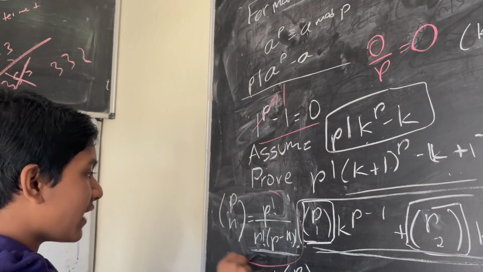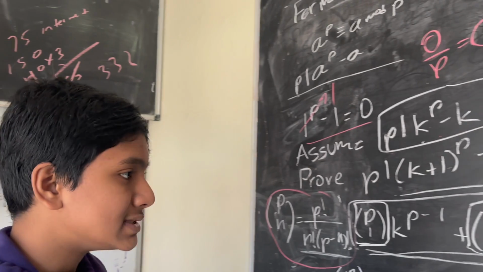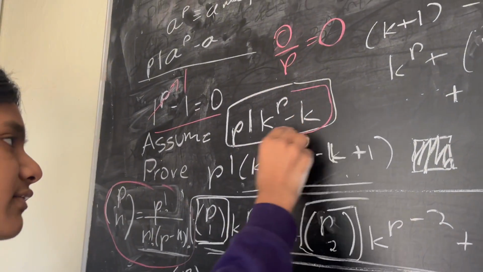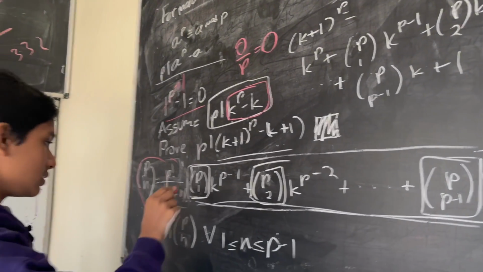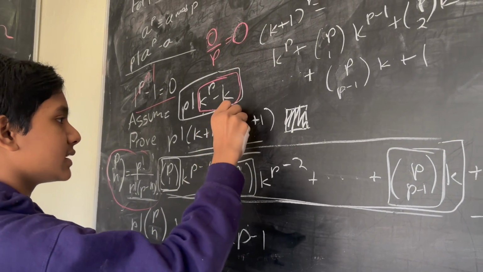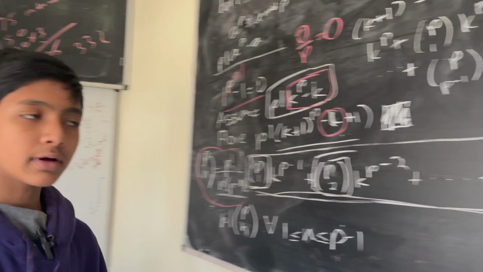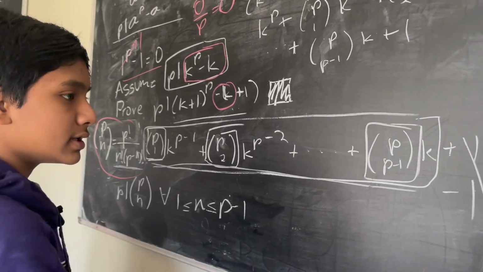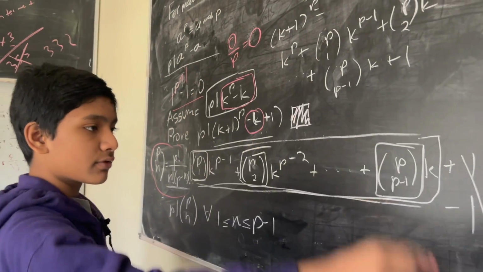So we use the fact that the choose function is always an integer and is always divisible by p, as well as the fact that this turns out to be one of the terms in the binomial expansion minus one of the terms right over here. We can essentially cancel those out, and we just get everything that's right over here.